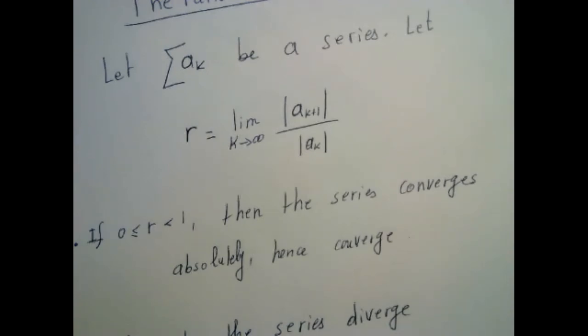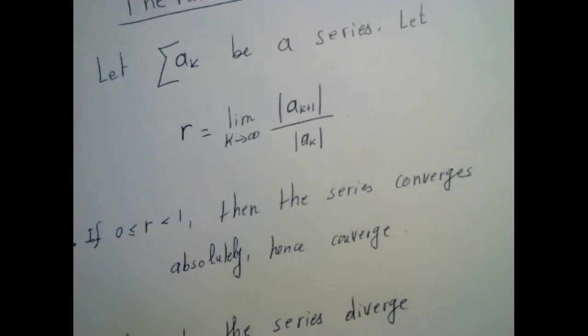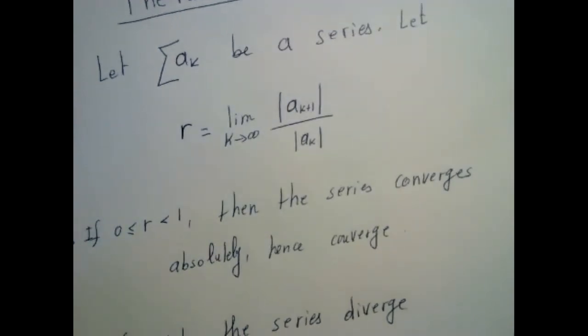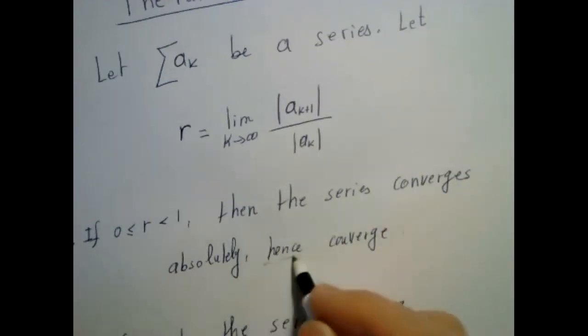So I have a question. So there's no way for a ratio test to just converge? Like it's always going to converge absolutely? Well, if it converges absolutely, then it converges. Okay.